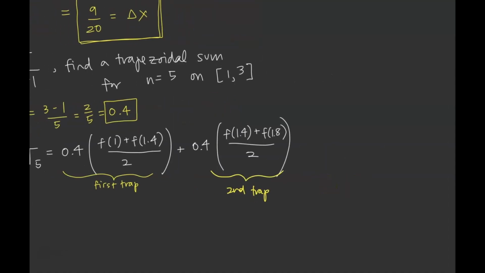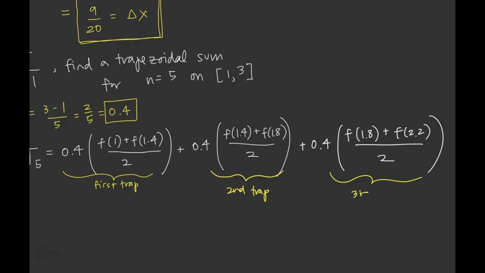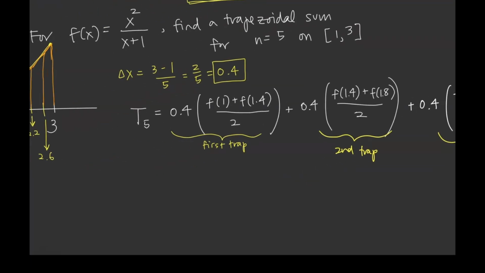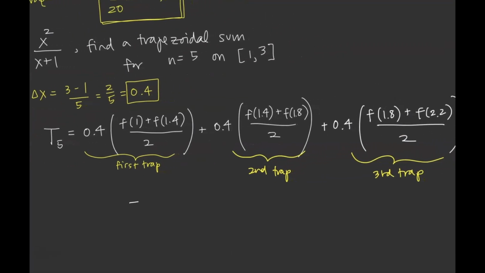And we'll just get the next 3 pretty quickly. This will be plus 0.4 times the average of f of 1.8 plus f of 2.2 divided by 2. This is the area of the third trapezoid. And we're going to keep adding to it. Plus 0.4 times f of 2.2 plus f of 2.6 over 2.